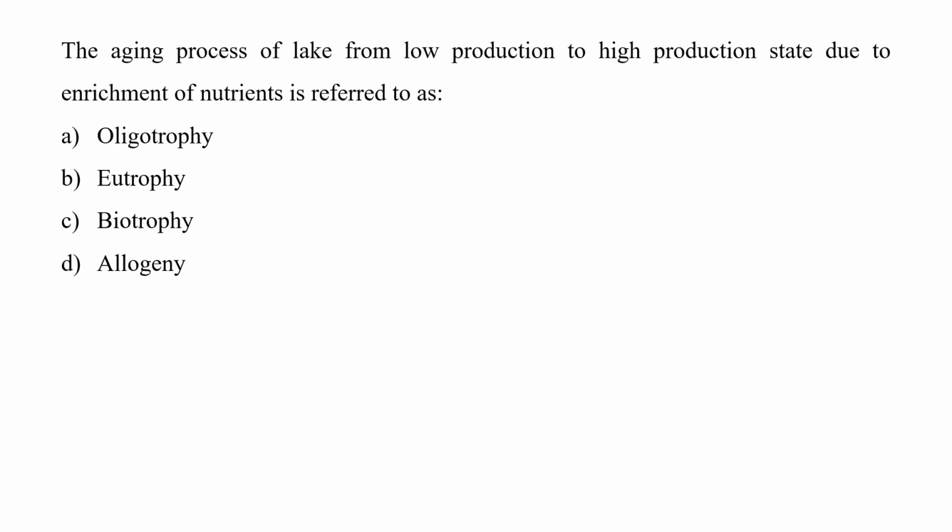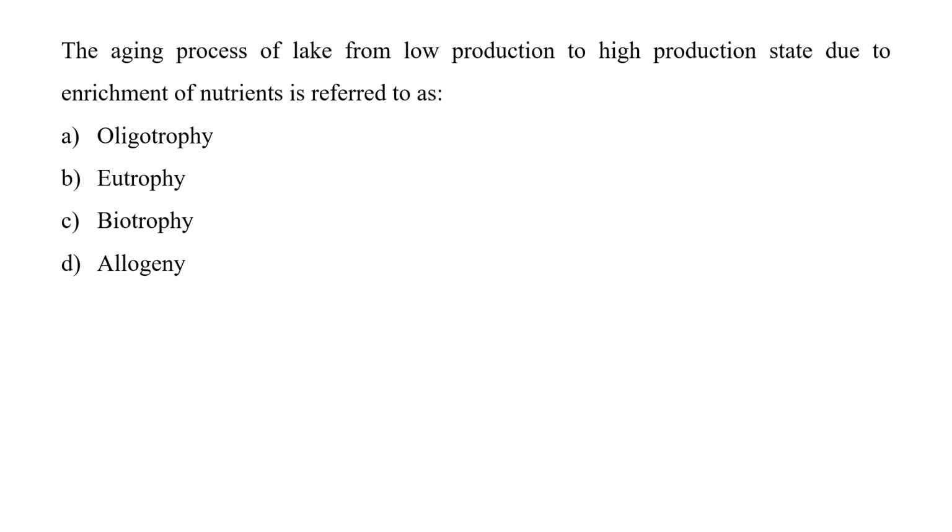Now the question is, the aging process of a lake from low production to high production state due to enrichment of nutrients is referred to as. Four options are given. A is oligotrophy, B eutrophy, C biotrophy, and D allogeny.